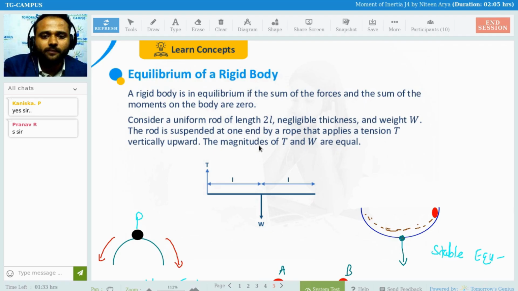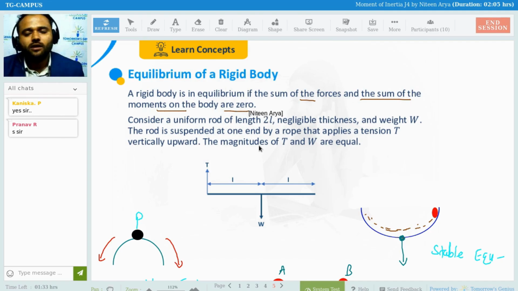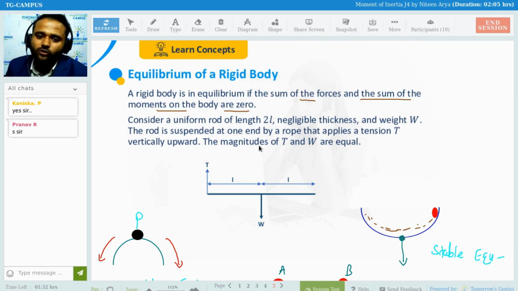A rigid body is in equilibrium if the sum of the forces and the sum of the moments on the body are 0. Moments, you can say moment of force, or basically the torque. If the net torque on this body is balanced out and it is not going to rotate, it is said to be in equilibrium, the equilibrium of a rigid body.